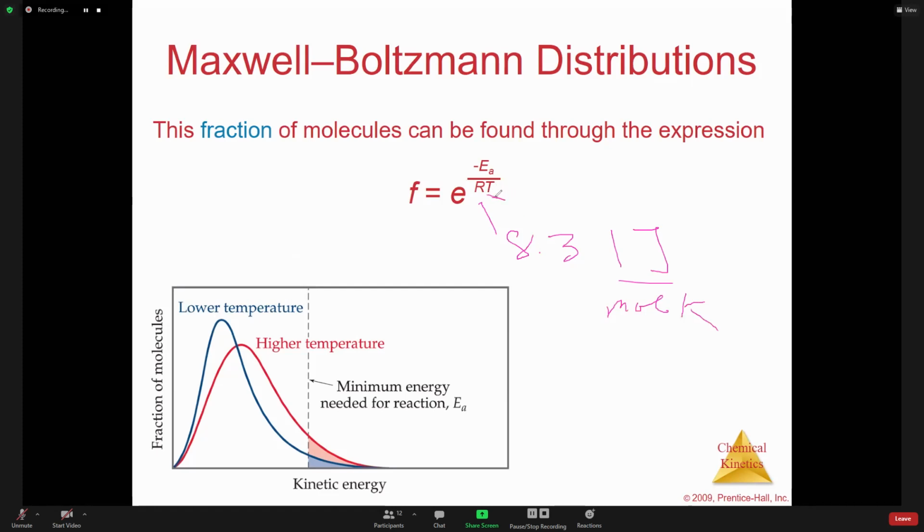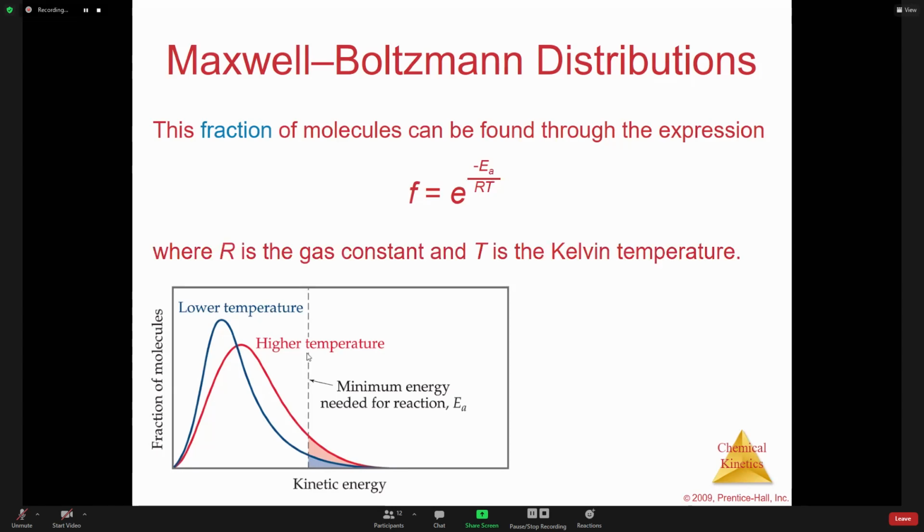So here's your Kelvin, and this is energy so that your joules cancel. Make sure your temperature is in Kelvin. And this is so cool because you can figure out the minimum energy that your reaction needs to get over the hump. We can solve for this. R is gas constant, T, make sure it's in Kelvin.